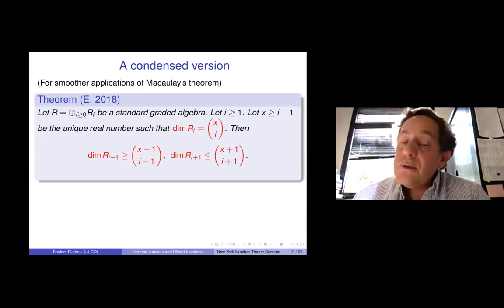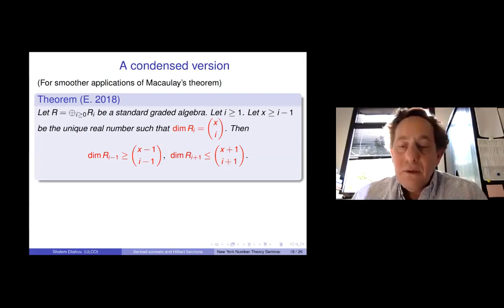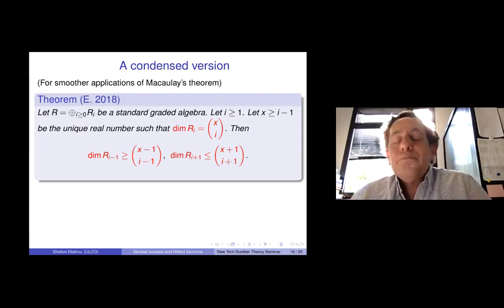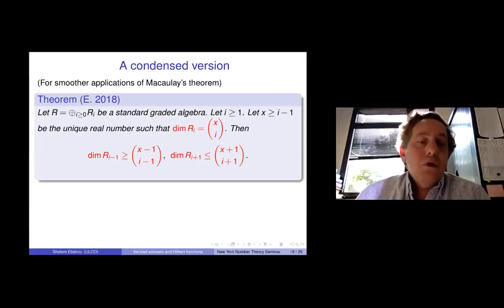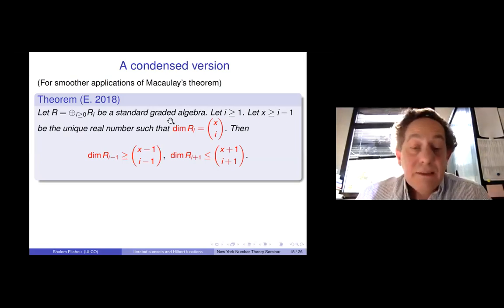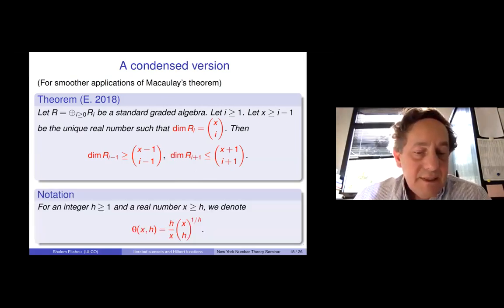Of course, there's a little loss of information here, definitely, but on the other hand, it's more flexible to get consequences. So here in particular, we will need that condensed version to derive Plünnecke's estimate.